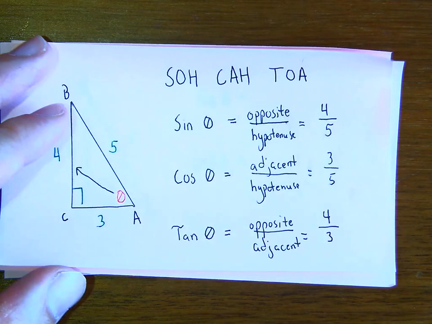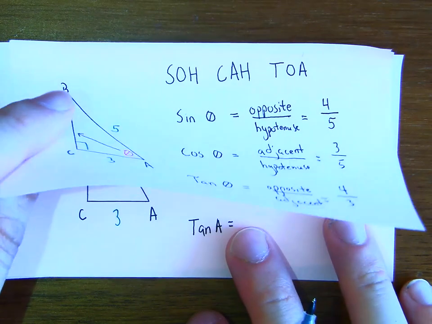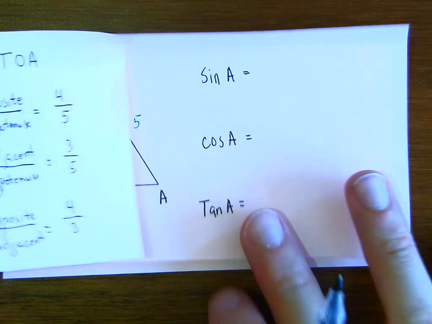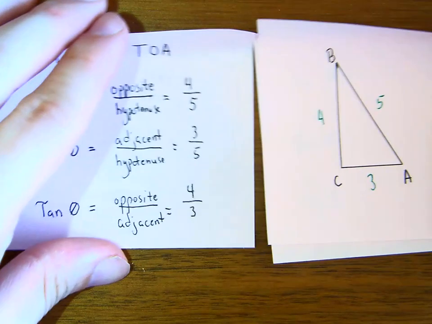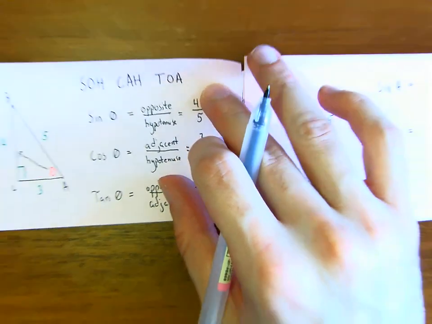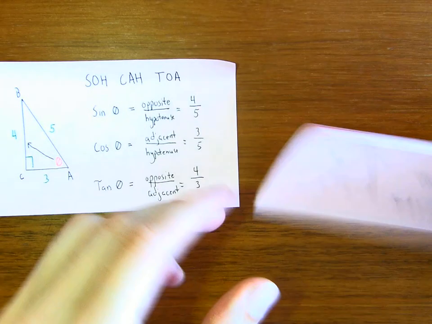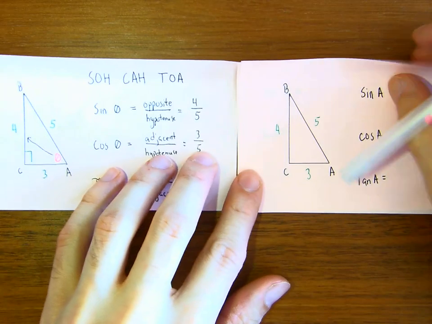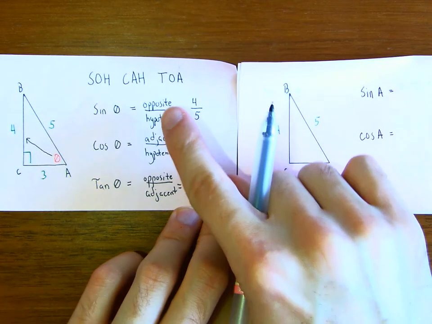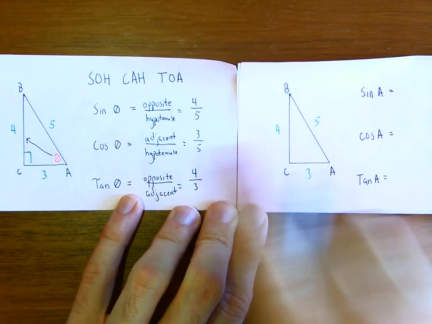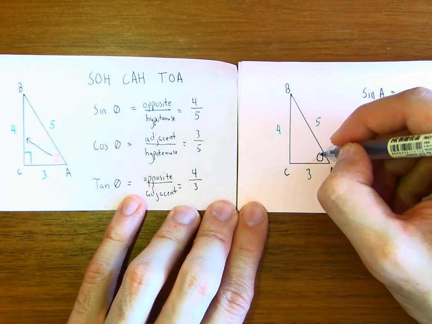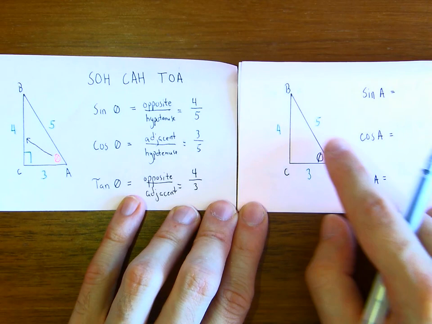Now, the same thing happens if instead of saying sine of theta, I say sine of A. It's the same idea as saying sine of theta, because when you say sine of A, you're implying that your theta is at the position of A, where that angle A is.